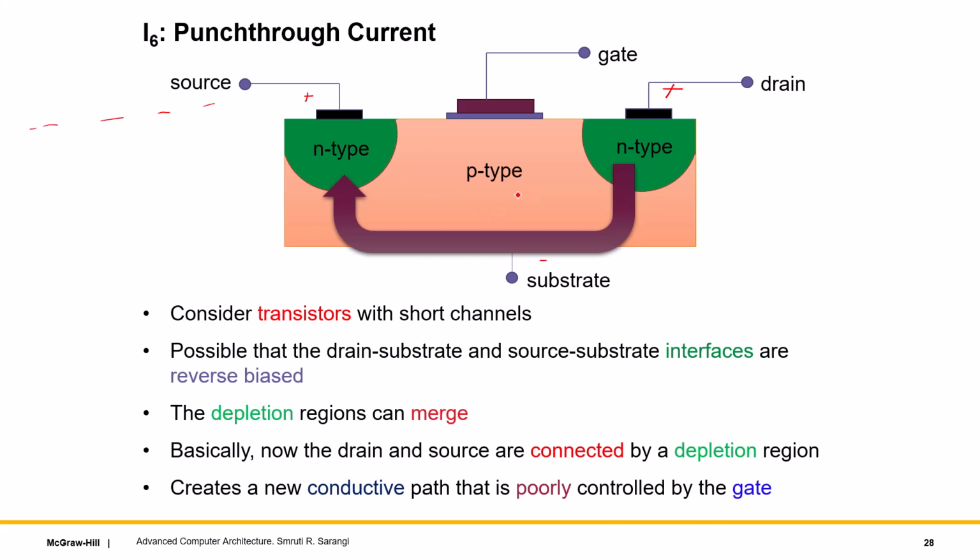So if both of them are reverse biased, then essentially the depletion regions of the transistors would extend, and by extending they could merge, they could become the same, right? So then there would be a connection of a depletion region between the drain and the source, and if the gate is not controlling the substrate very well, this would lead to a new kind of conduction path, because in a certain philosophical sense, once the depletion regions join, it becomes the same device.